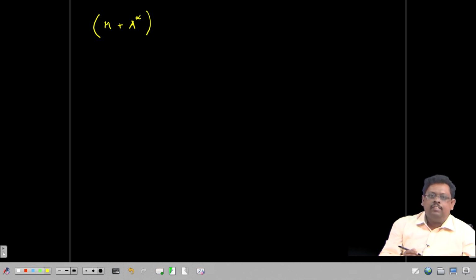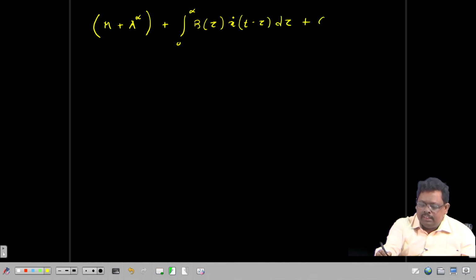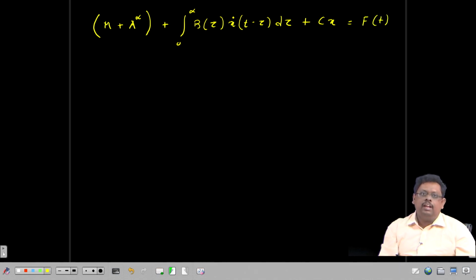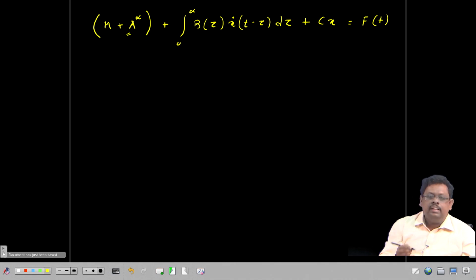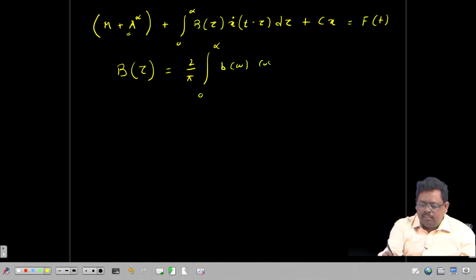So, m plus A infinity, plus 0 to infinity b tau into x dot of t minus tau d tau, plus c into x equals f of t. Here A infinity is the infinite frequency added mass, and I can get b tau from the relationship 2 by pi, 0 to infinity b of omega cos of omega tau d omega.